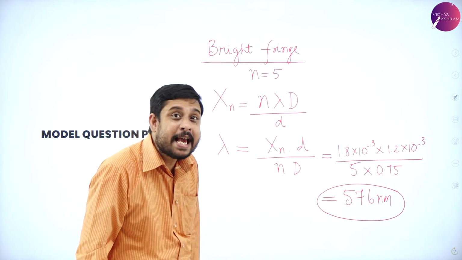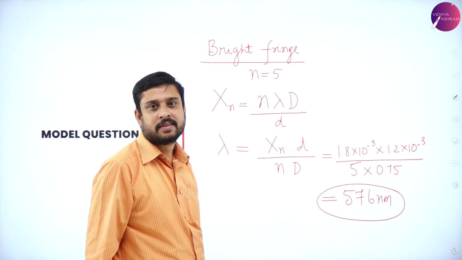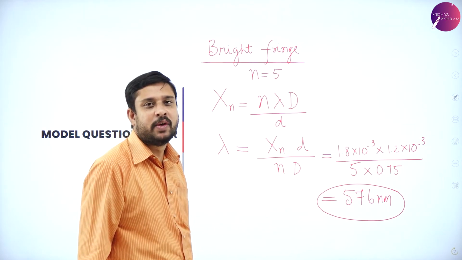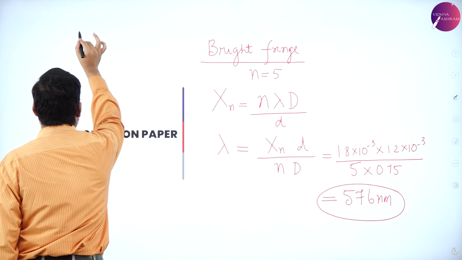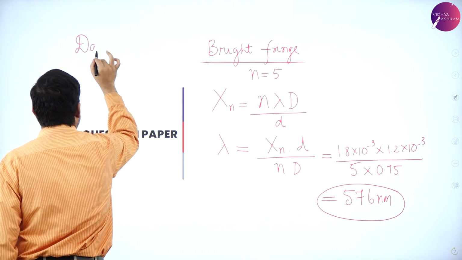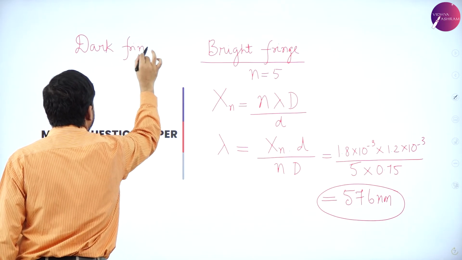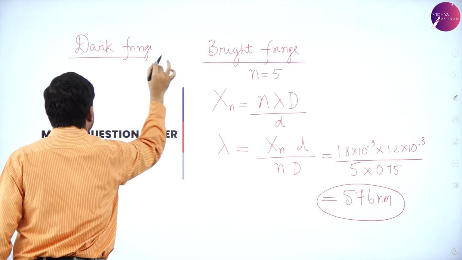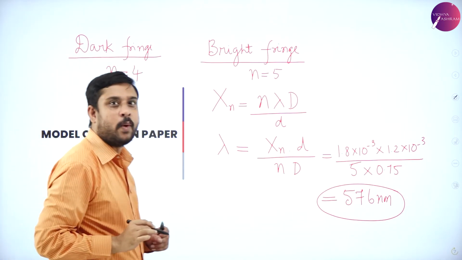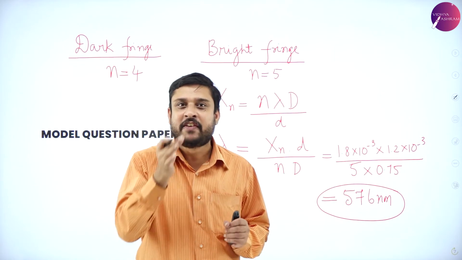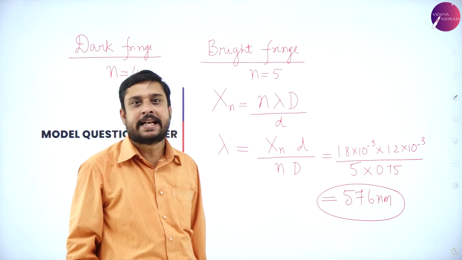For the same, for the fifth dark fringe, I will have to calculate its distance from the center. Therefore, for the dark fringe, n is 4. Why? I told you, if it is a dark fringe, you will write 1 less than the given number.